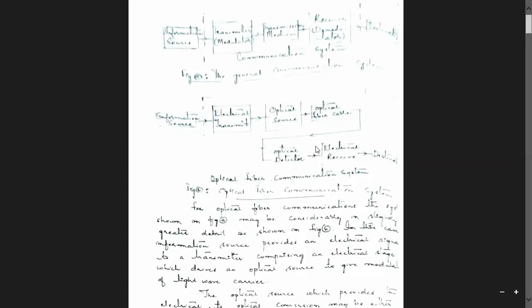And after this, the first block in the optical receiver section is said to be optical detector. So again, this optical detector is also a transducer, just like this optical source. I said that this optical source is doing a conversion, and that conversion is said to be electrical to optical conversion. Then we just call that a transducer. And here, this optical detector is there.